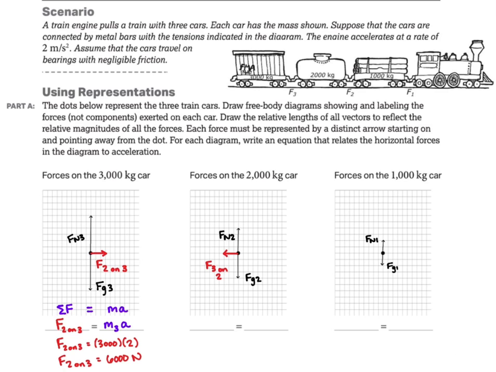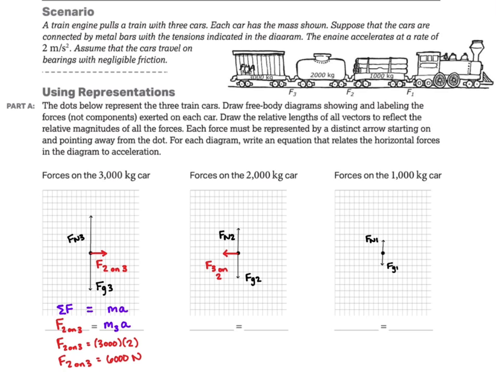In this case, you just have that one red force acting on mass number 3, our caboose cart. So you've got to be specific. It's not just any mass. I'm looking at the free body diagram for cart number 3, so I'm going to use the mass for cart number 3. As I plug that in, we get that F2 on 3 must be equal to 6,000.